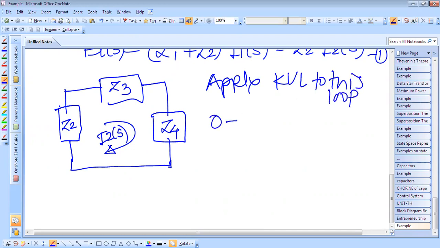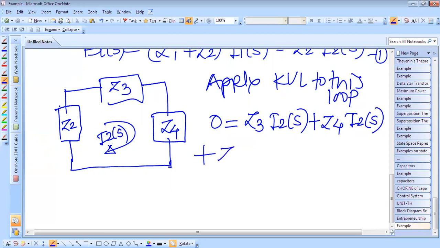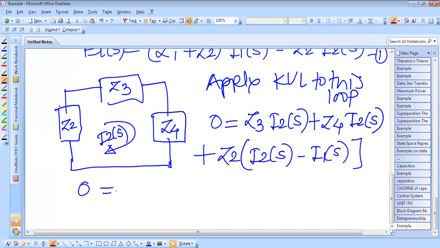So there is no voltage source, so 0 equals Z3 into I2 of S plus Z4 into I2 of S plus Z2 into I2 of S minus I1 of S. Solve this.